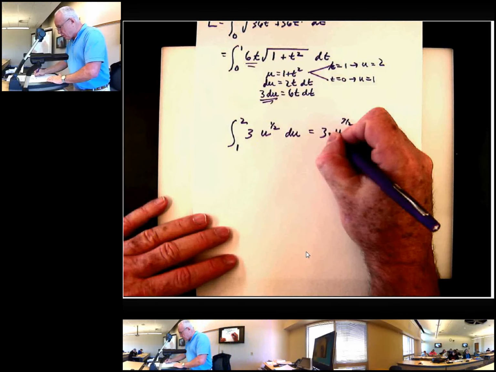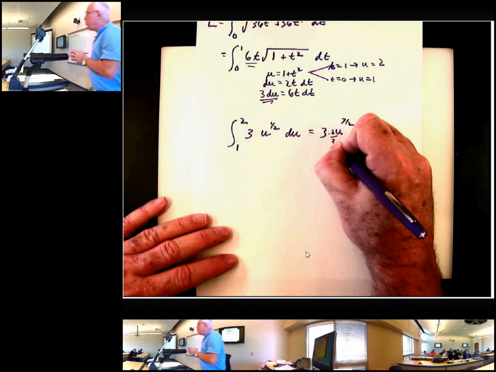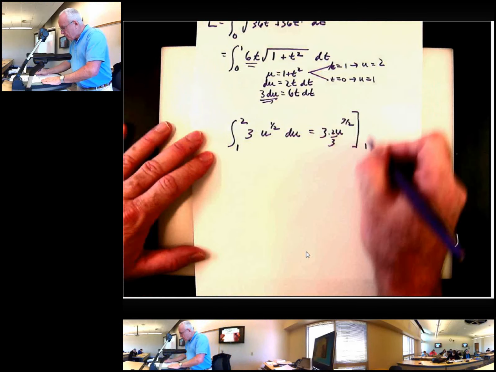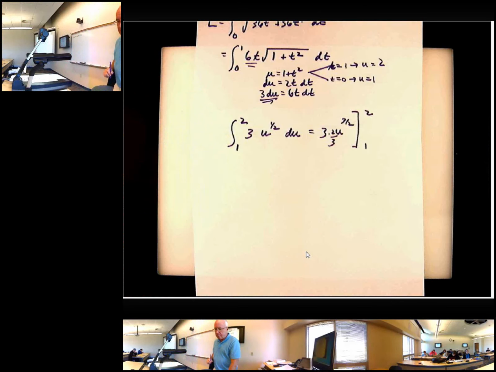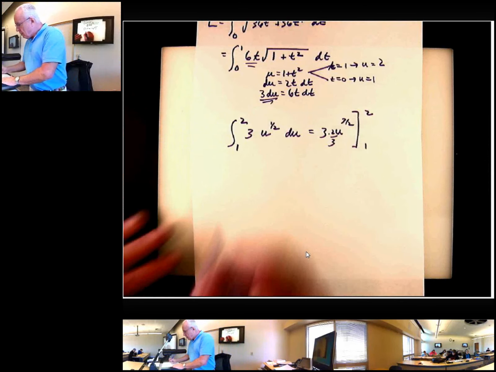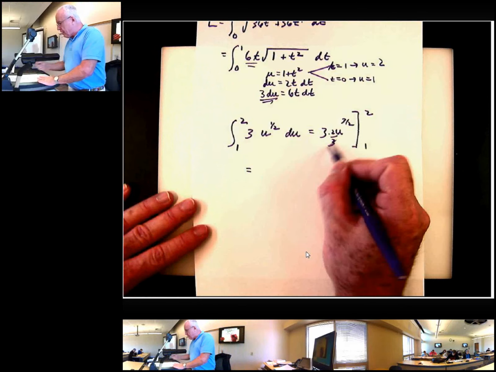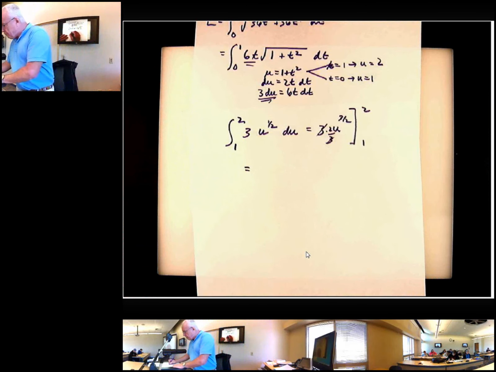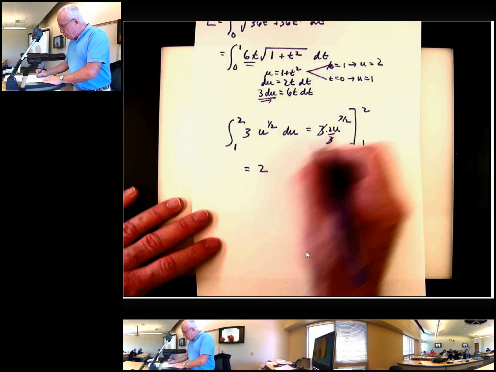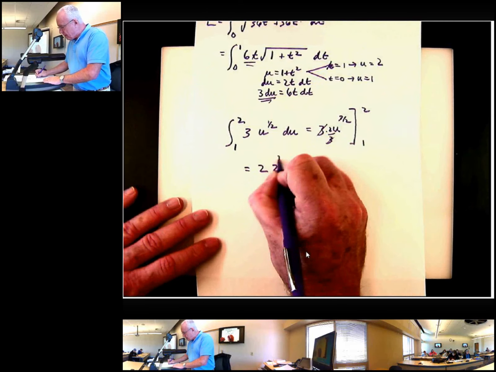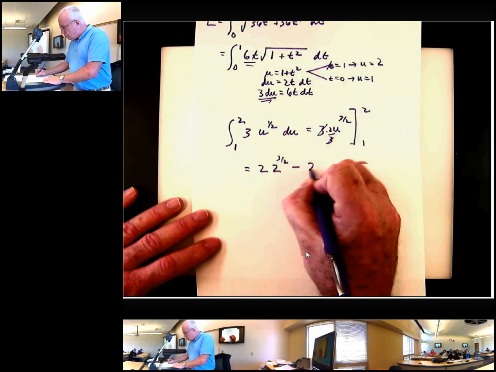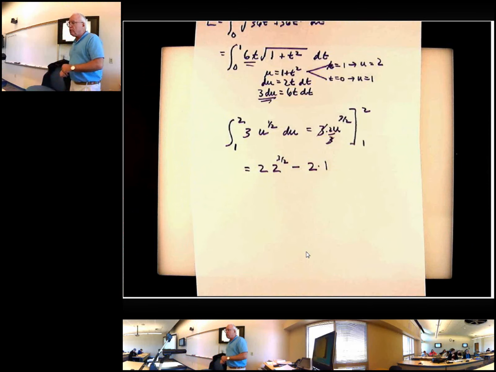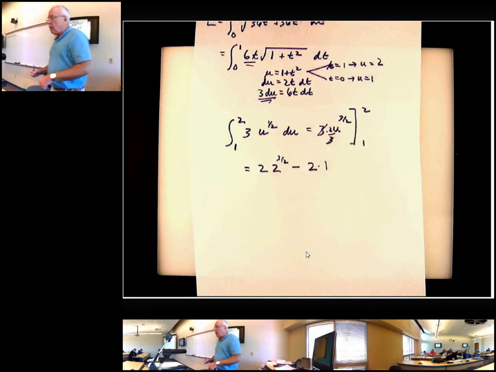Then we put our bracket and evaluate from 1 to 2. The 3's will cancel out in the antiderivative, so we're going to have 2 times 2 to the 3/2 power minus 2 times 1 to the 3/2 power, which of course is just equal to 1.